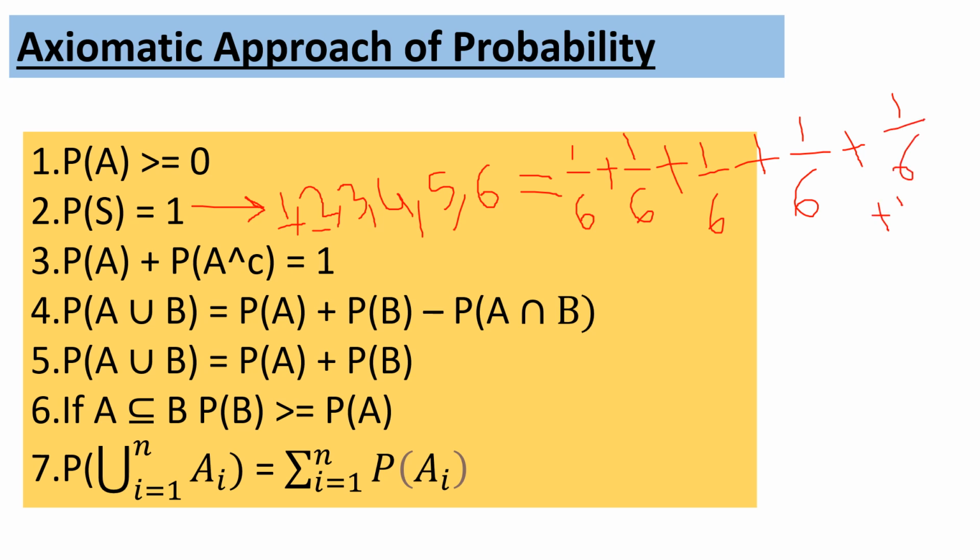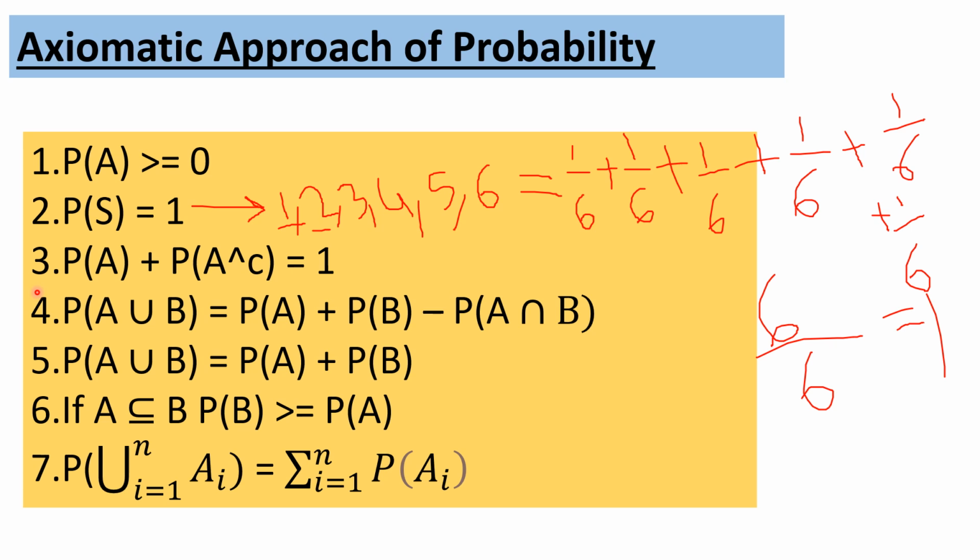Which is nothing but 1 plus 1 plus 1 plus 1 plus 1 plus 1, which is 6, divided by 6, which is equal to 1. That's why the probability of a sample space is always equal to 1.